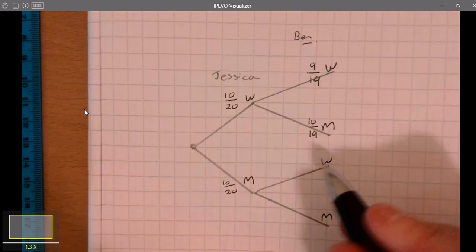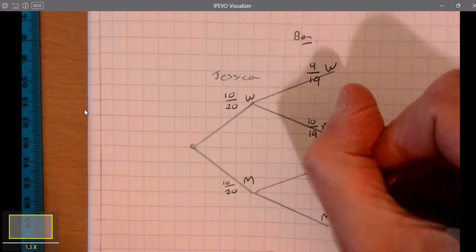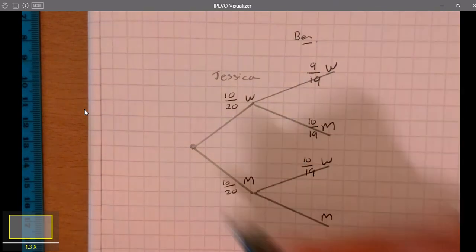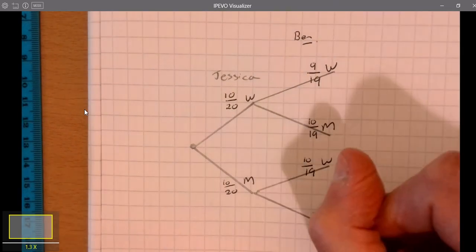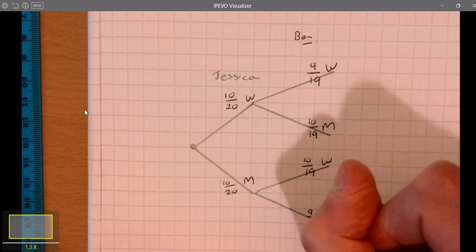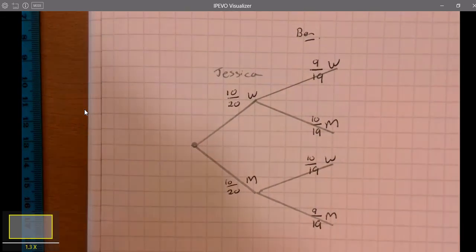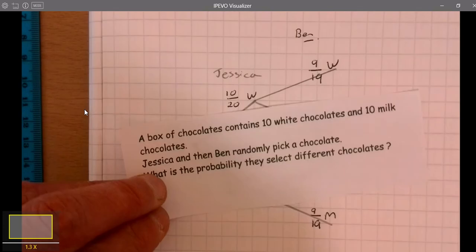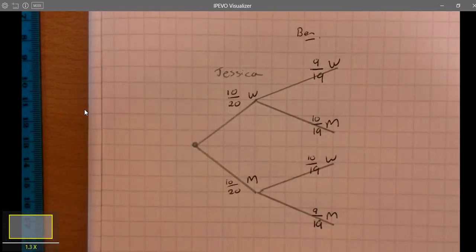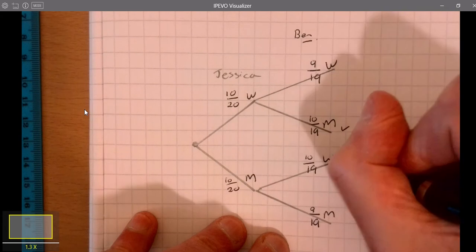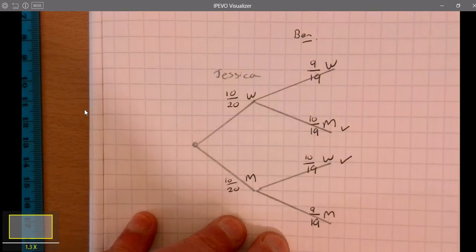If the milk chocolate's gone, there are still 10 white chocolates left, and only 9 milk chocolates. Now we can work out the question. What was the question? What's the probability that they select different chocolates? So the ones that we're interested in are these just here.